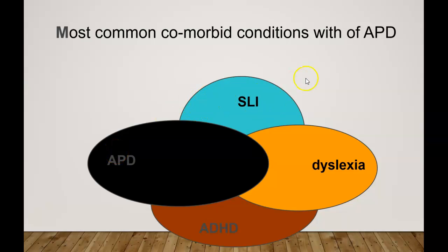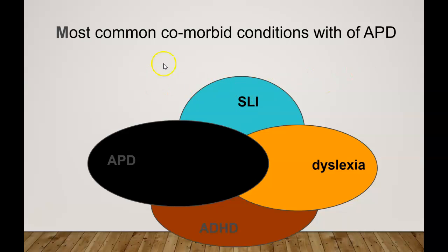There are people that just have a specific language impairment. There are people that just have dyslexia. And there are people that have just ADHD. Then there are some that have ADHD and dyslexia, or APD and dyslexia, or APD and SLI. So each of these can occur by themselves, but sometimes they can occur together.